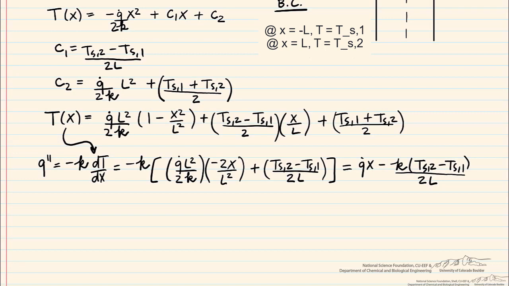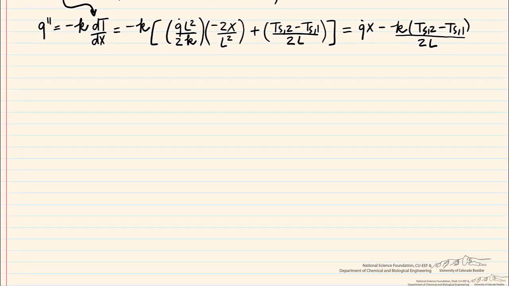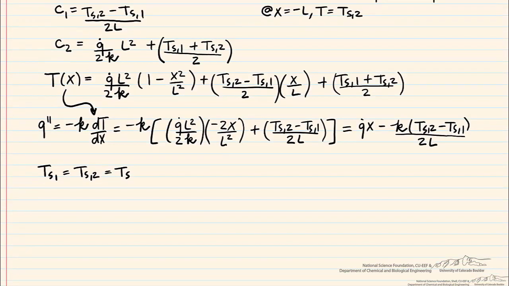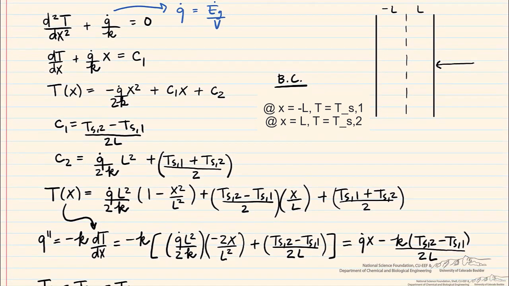Now we're going to look at symmetrical boundary conditions. In other words, Ts1 equals Ts2, and we're going to just call that Ts. So again, if we go back and look at our wall here, what that means is we have a temperature here, a temperature here, they're the same, and it is symmetrical.